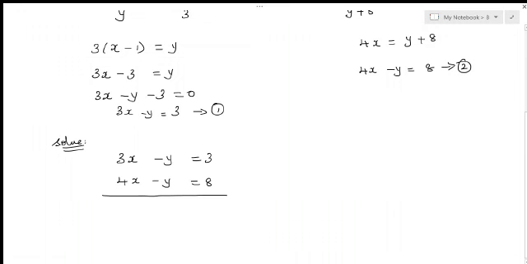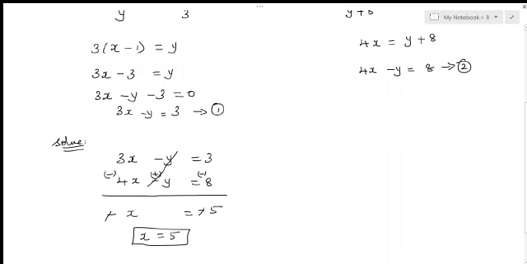I am going to change the sign. Minus. If it is minus, it will become plus and minus. 3x minus 4x will give minus 1x. Variable y will get eliminated, equal to 3 minus 8 will give minus 5. So minus and minus will get cancelled. X is equal to 5.